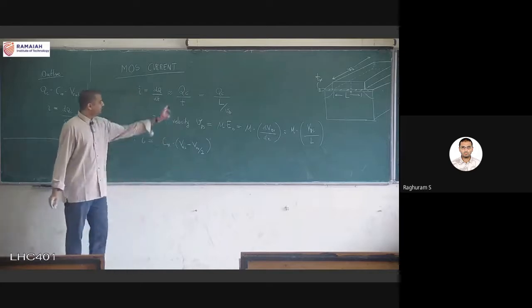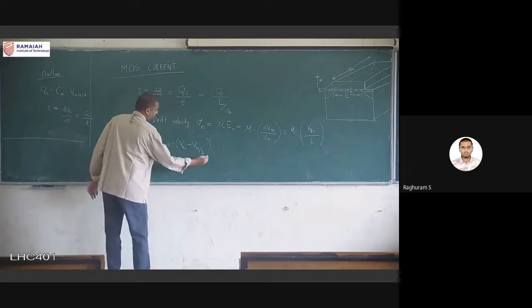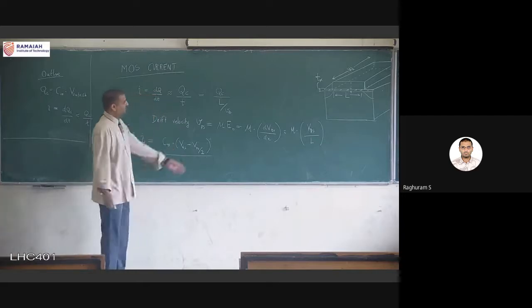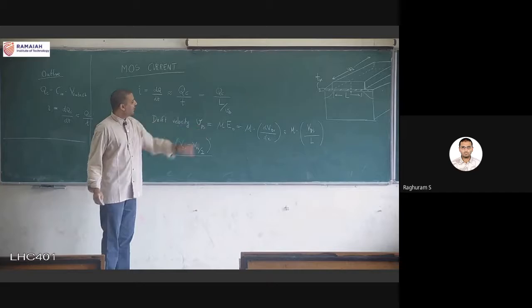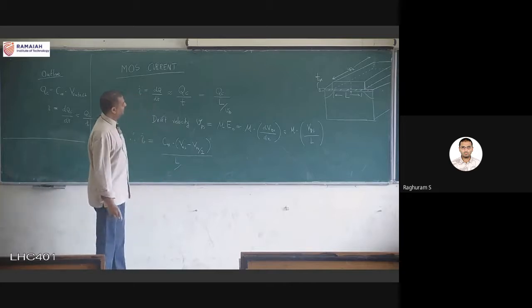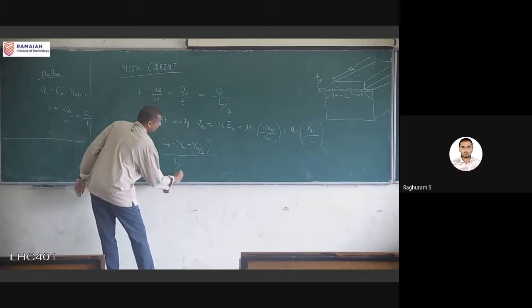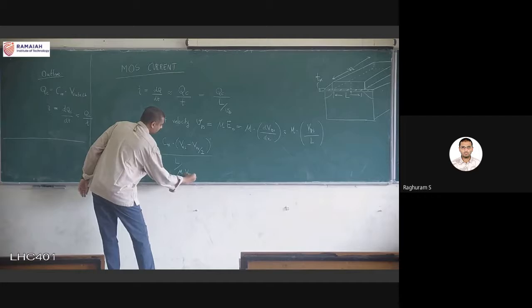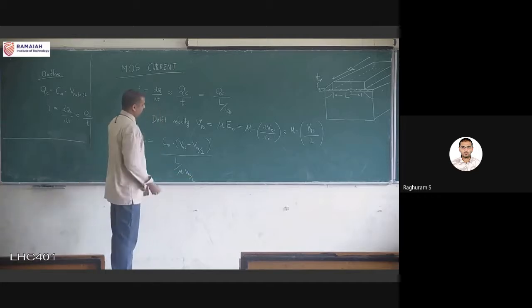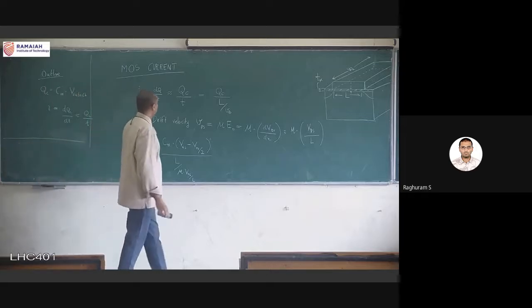This was the expression for Qc, the numerator, divided by t, which is L divided by the velocity, that is mu into this term here. So we'll write that maybe here.